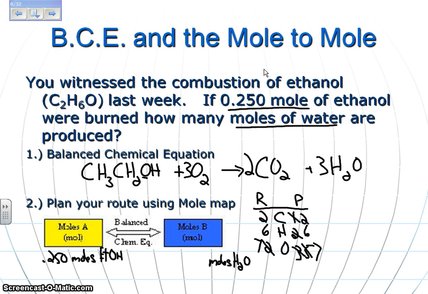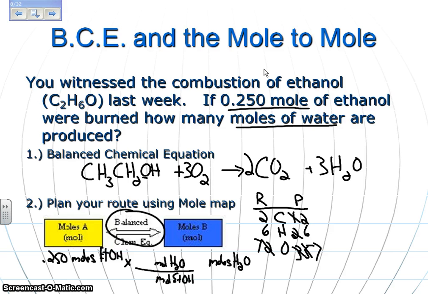We're going to set up our unit multiplier with just words first before we put any numbers. So we were leaving moles of ethanol, so moles of ethanol will be on the bottom. We're going to moles of H2O, so moles of H2O will be on top. The balanced chemical equation is going to help us with our unit multiplier.